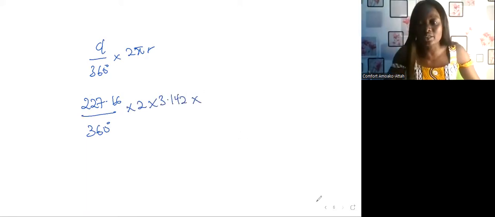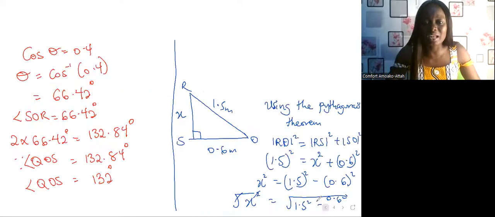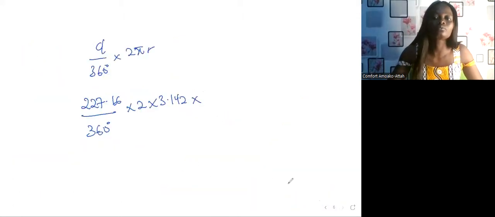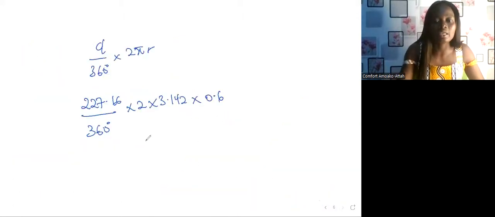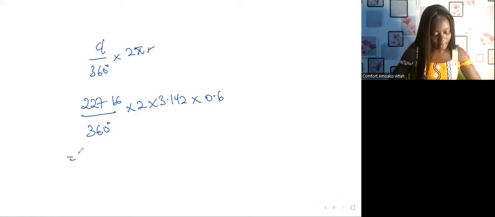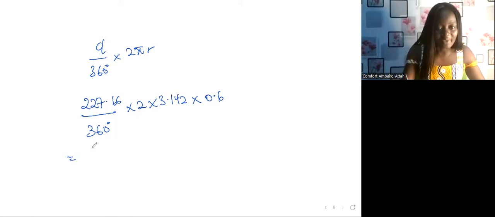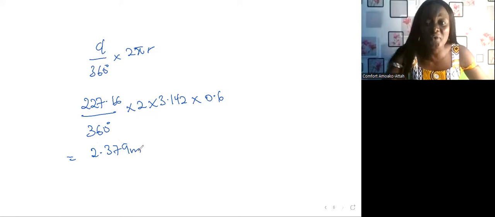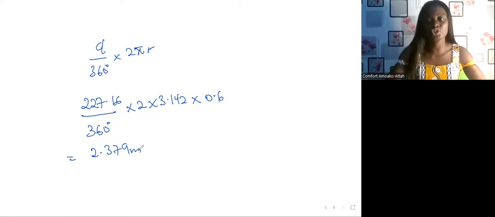Times, what is the radius in the question? The radius was given as 0.6. Great. Times 0.6. Now I want you to simplify this for me. What are we getting over here? Good. I am getting 2.379 meters. So if you are getting a different thing, check your solution well.